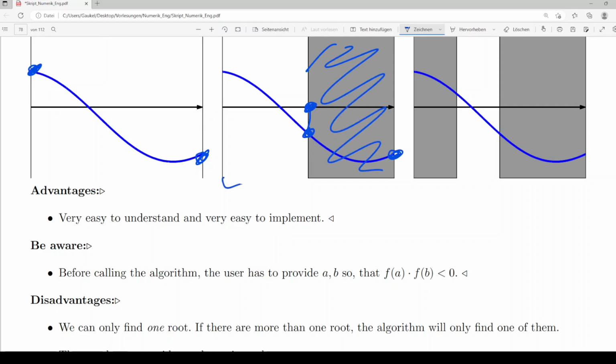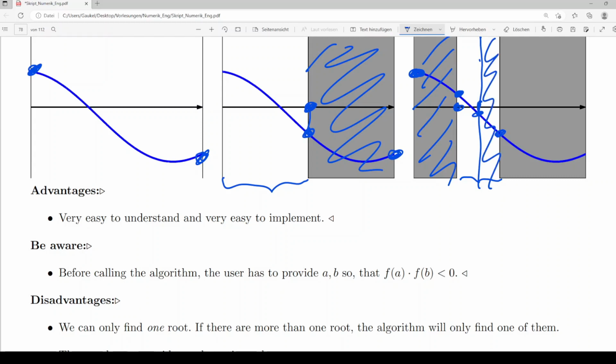Then we have only this interval. Take the midpoint, evaluate at the midpoint, compare the signs. It's the same sign as on the left hand side, so throw away this part. And then we work with that. Take the midpoint, evaluate, compare the signs. Okay, throw away this part, and so on.